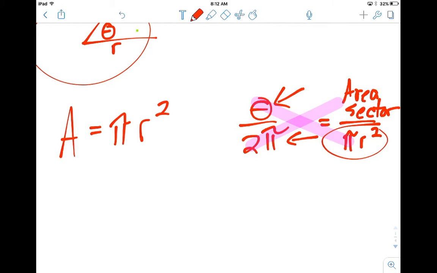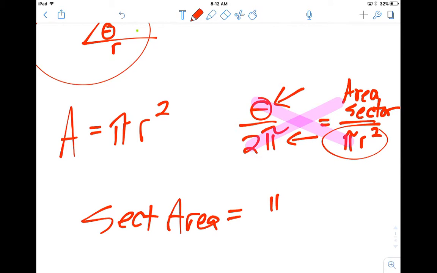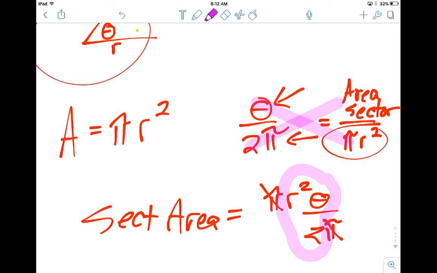We end up with sector area is pi r squared, that new denominator, times theta over 2 pi. And if you notice, there's some nice cancellation that takes place. The pi cancels in each case, and all that's left is r squared theta over 2.